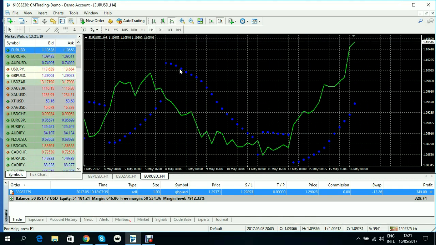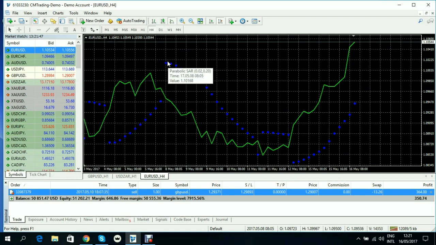Now for a sell, when the dot appears above the trend, and then you place a sell position, your stop loss will have to be here, just above the first dot. Let me take that again.